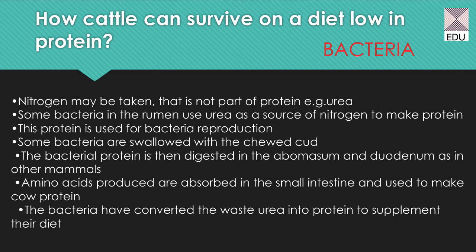So these bacteria have converted the waste urea into protein, and this protein is useful for bacterial reproduction, and also useful for the cow for making cow protein. So this is mutualism.